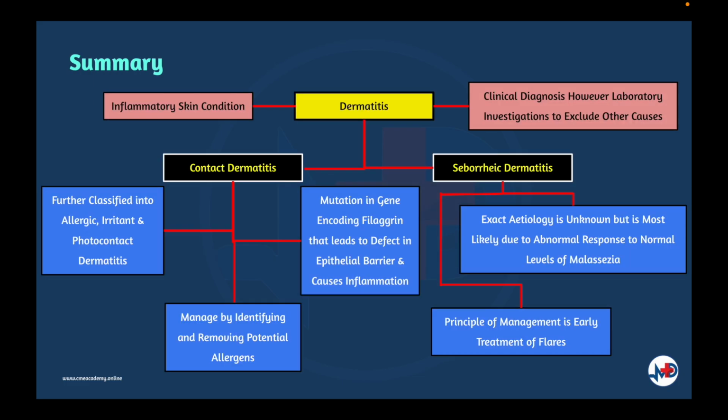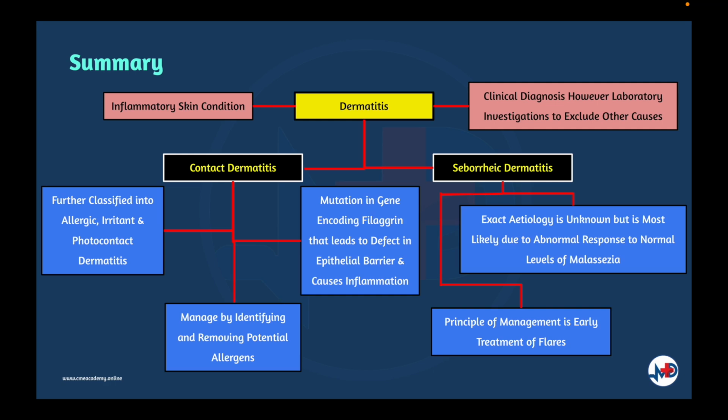So let's summarize. Dermatitis is an inflammatory skin condition. Contact dermatitis is a result of mutations of the gene encoding filaggrin, which is a key epidermal barrier protein. Mutation of it leads to defect in epithelial barriers and causes release of epithelial cell-derived cytokines leading to inflammation. Seborrheic dermatitis, exact etiology is unknown, but is most likely due to an abnormal immune response to normal levels of malassezia.